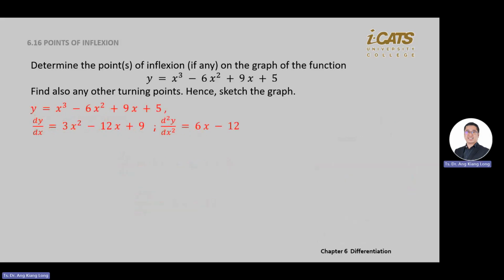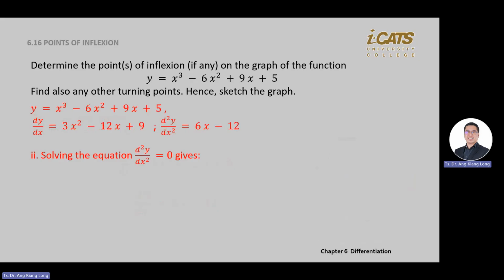So from here, if there is an inflection, your double differentiation will be equal to 0. So this equation, 6x minus 12 equals 0. So there's a value of x there. If you get a value of x there, it means there's an inflection.